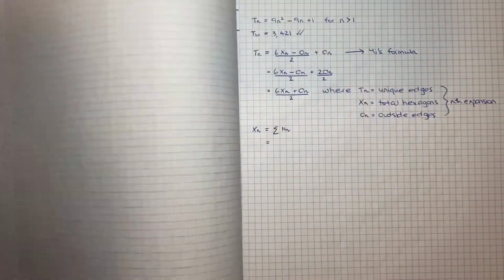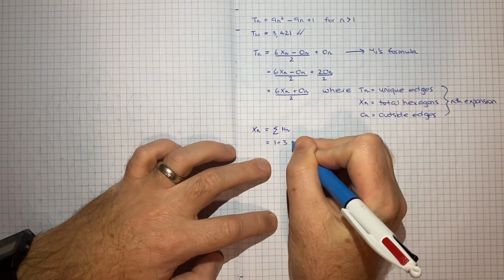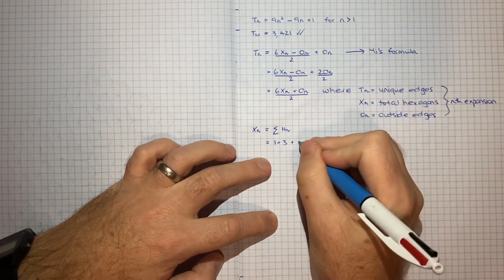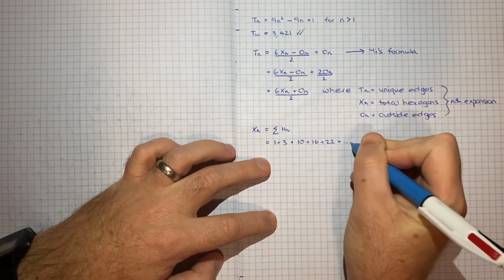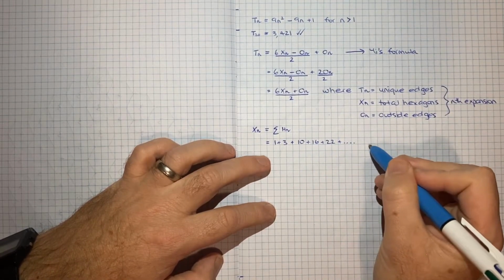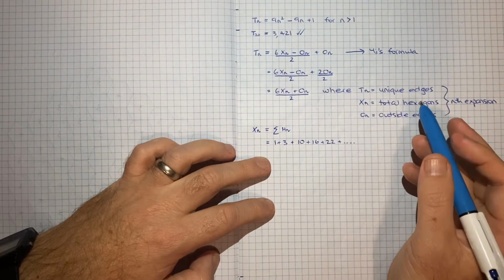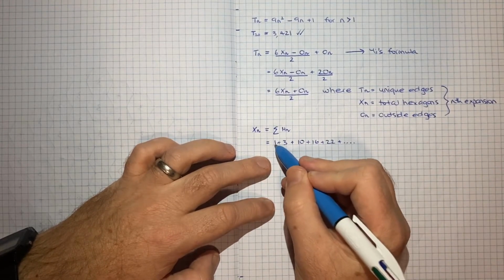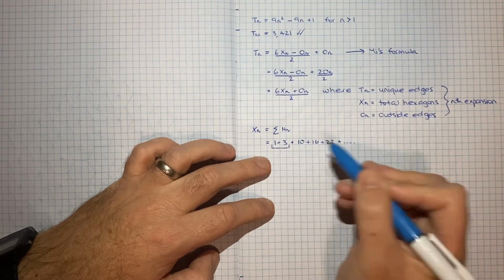So we can say it's going to be 1 plus 3, plus 10 plus 16 plus 22 and so on. And we're going to keep adding up items until we get to the nth item, whatever that happens to be. And this 1 plus 3, the first and second expansion, is always going to be 1 plus 3. It doesn't ever change.